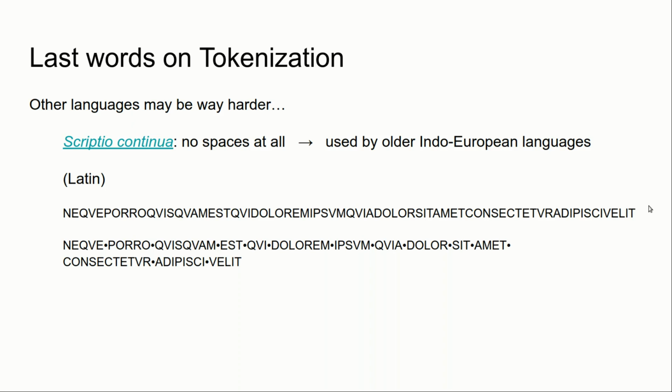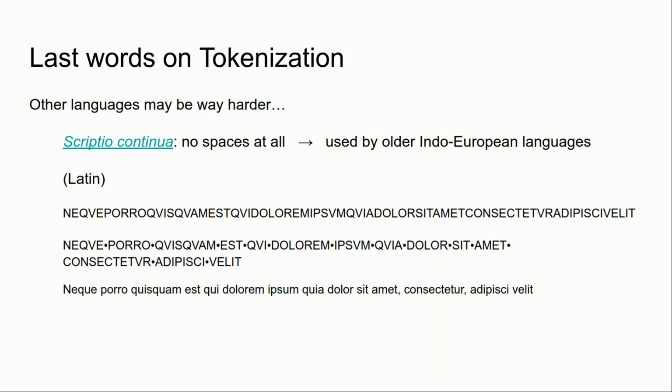This used to be the way Latin was written before, but through time they developed these dots to divide the words or the different parts of the sentence, and these dots ended up developing into spaces through time too. So here is a modern version of this sentence.